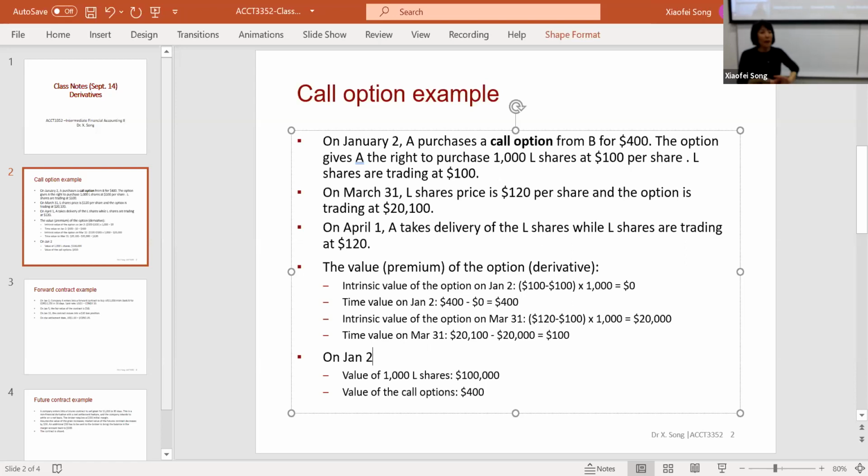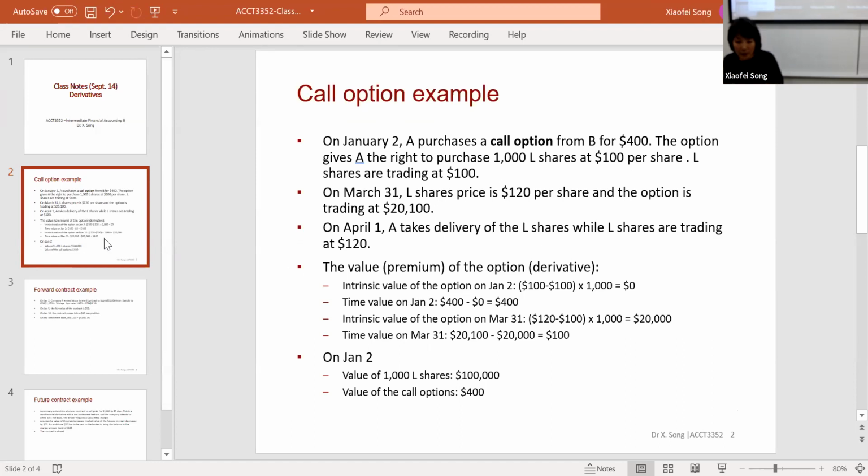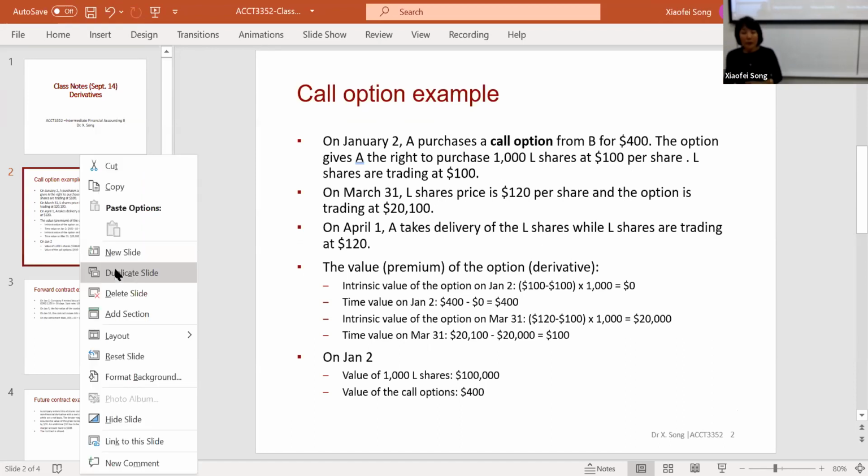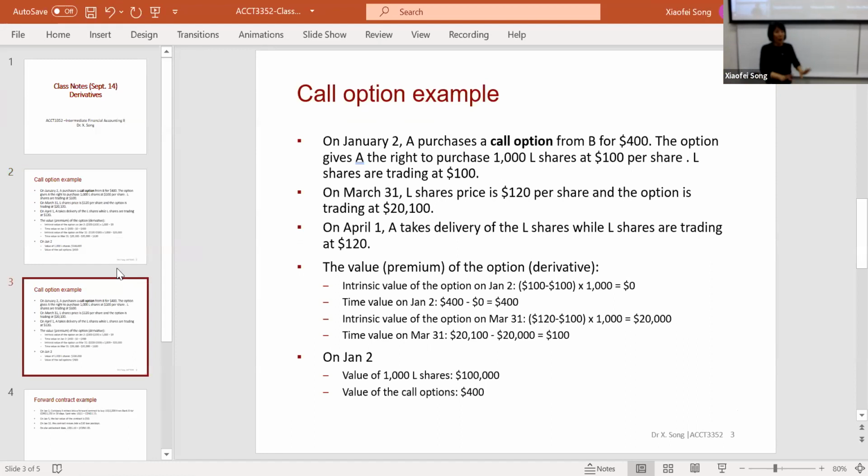Hopefully this will help us understand how this derivative works, and how A could be exposed to a great deal of potential gain or loss without having to invest a whole lot at all, right? And B here is in a position that has a potential risk. So that's first: understanding derivatives, why people get into derivatives, and the characteristics of derivatives.